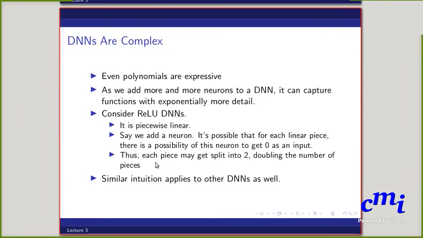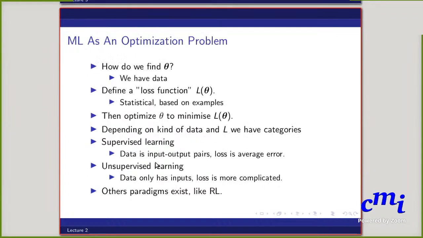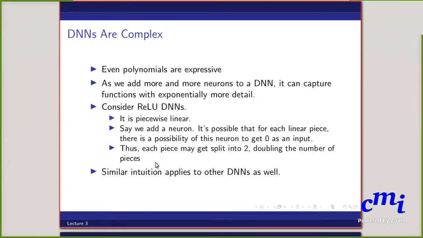This is an intuitive view. There is something that can be interpreted as a consequence of this, which we'll come to in later slides, or maybe in a later lecture, which is that these neural networks are, in some sense, polynomially expressive, right?